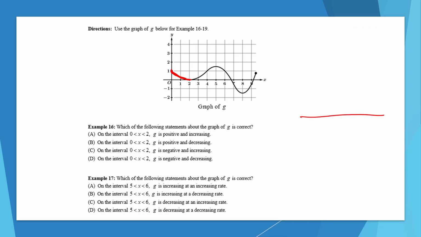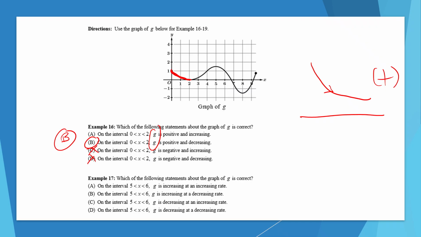There it is fully above the x-axis, so the function itself should be positive. So we can eliminate C and D. And then the function itself should also be decreasing, right? Remember, this isn't talking about the rate of change. It's talking about just the function. So it's decreasing because it's going down, making B the correct answer for 16.